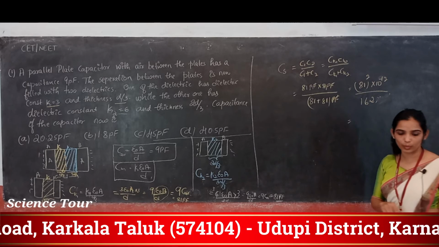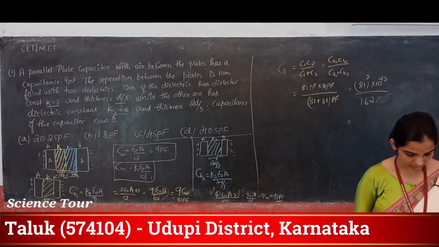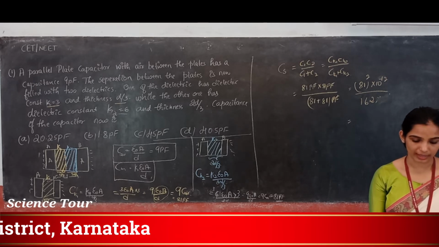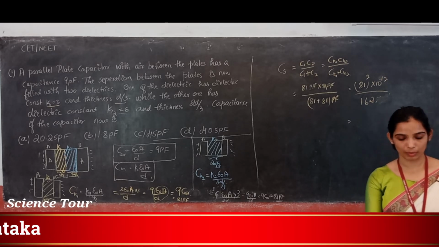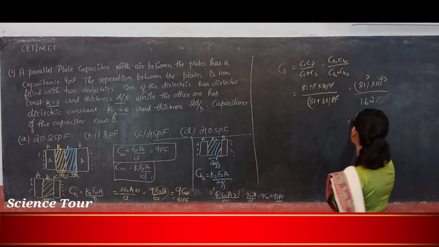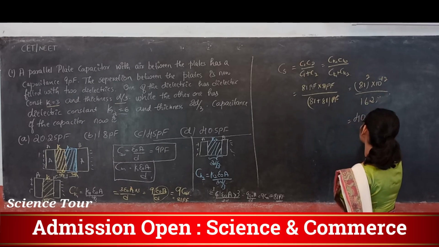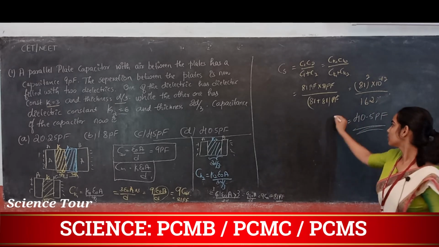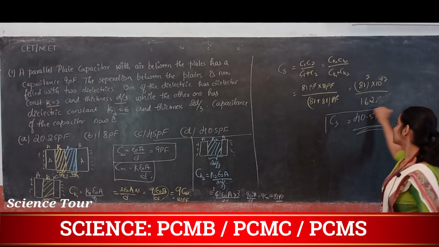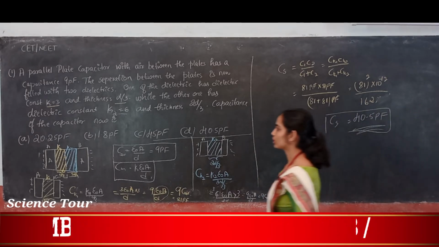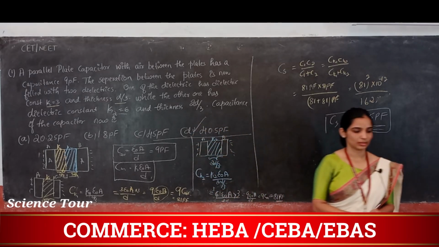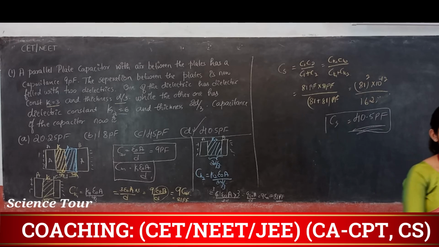So 81 square divided by 162 will be 9 by 2 picofarad, which is nothing but 40.5 picofarad. 40.5 pico is the final capacitance. Option D is the answer.